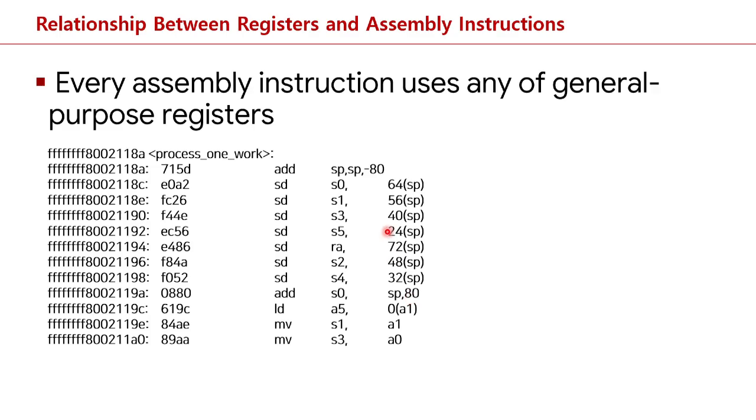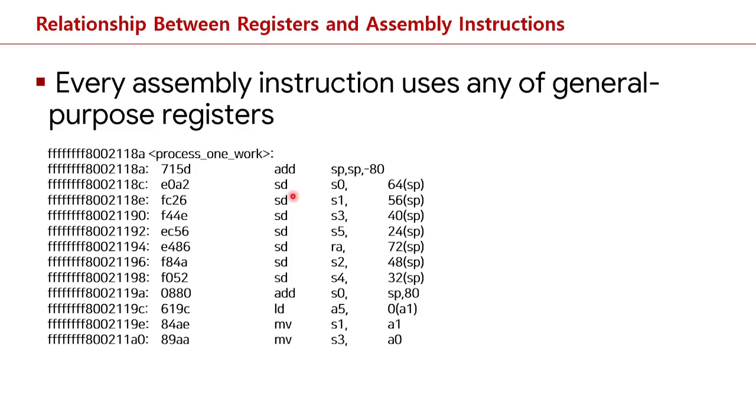And every assembly instruction uses some of the general purpose registers. Please take a look at this. The add assembly instruction is together with the SP register. SP is one of the key registers in the RISC-V architecture among the several general purpose registers.